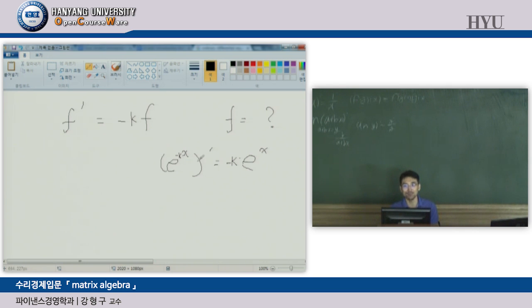So f is e to the minus kx. But if you want a more general solution, even if you multiply by a constant over here, it doesn't change the solution. So actually, the answer for this one is a e to the minus kx. So this is the solution.